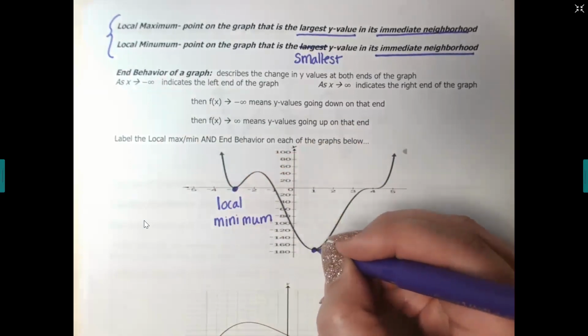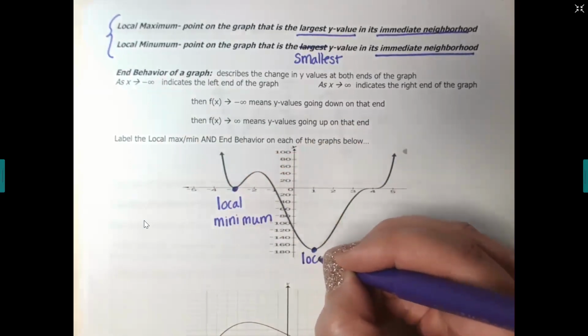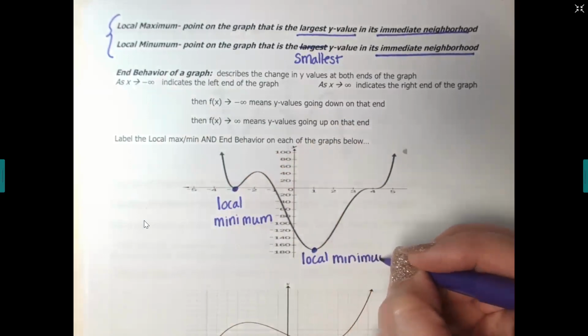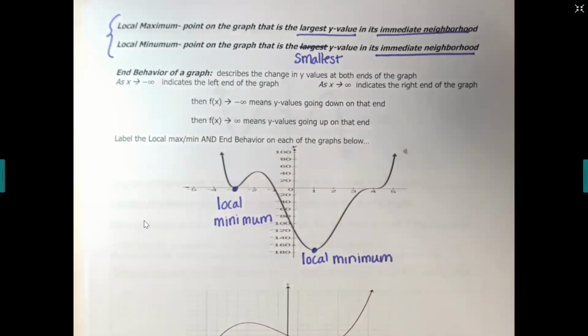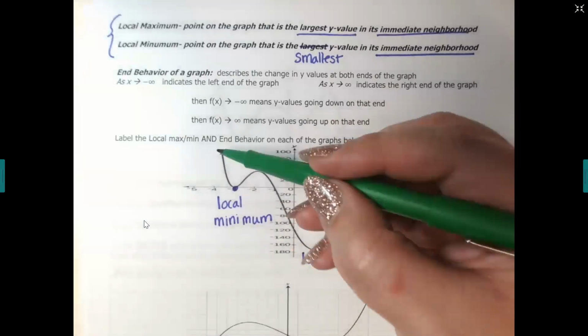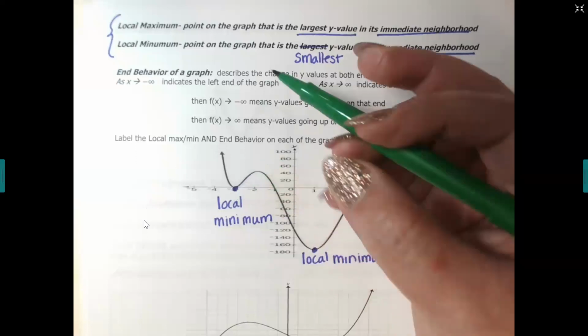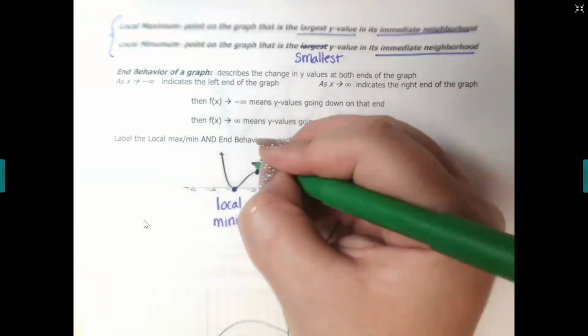You'll notice that I also have one over here. That would be a local minimum. Okay, and then local maximums would be little high points in a specific area. So for example, as I come down to this bottom out part right here, as I come up, this would now be a local maximum.